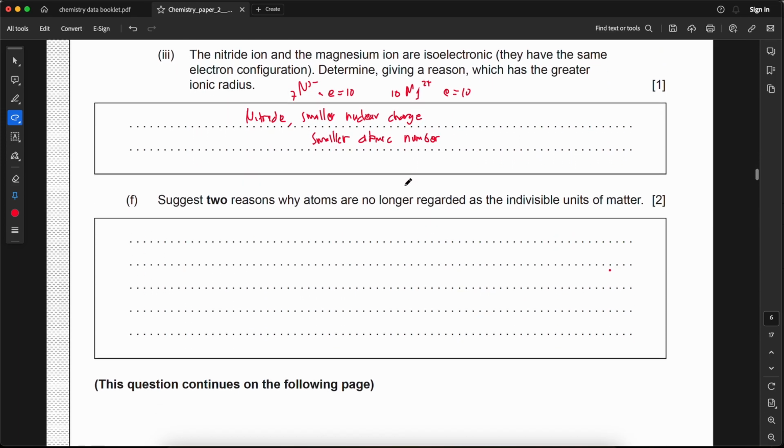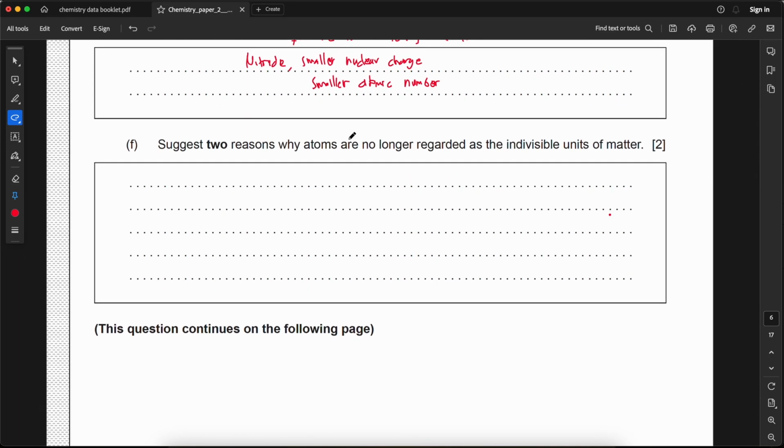Suggest 2 reasons why atoms are no longer regarded as the indivisible units of matter. It's because they found out that atoms can be split, and subatomic particles were discovered, proton, neutron, and electron, and particles smaller, with mass less than atoms, were discovered.